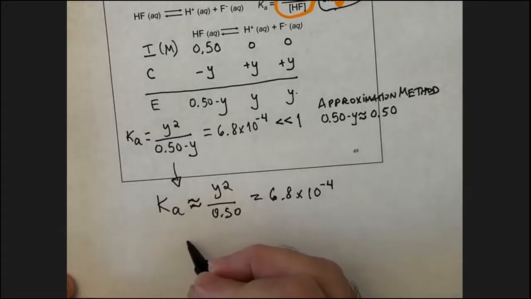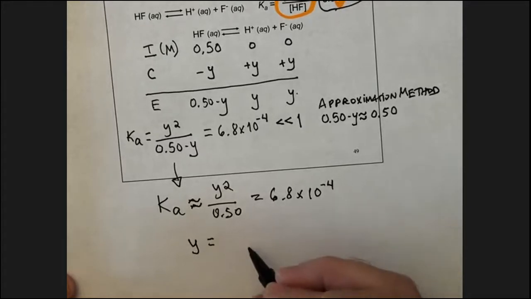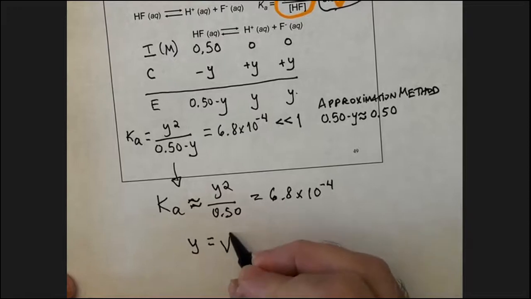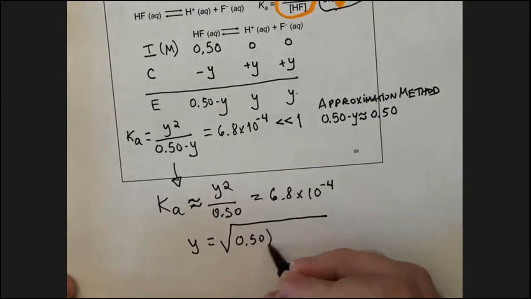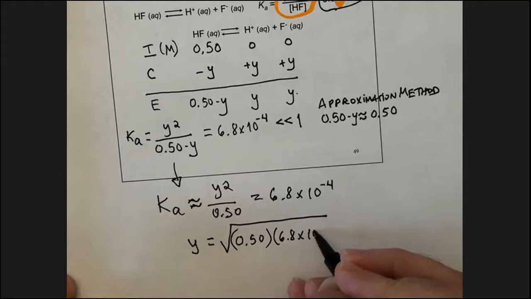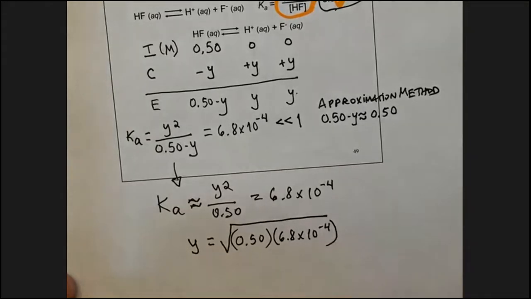So Y essentially is going to be the square root of, I'm going to move this over here, 0.50 times 6.8 times 10 to the minus 4. Correct?